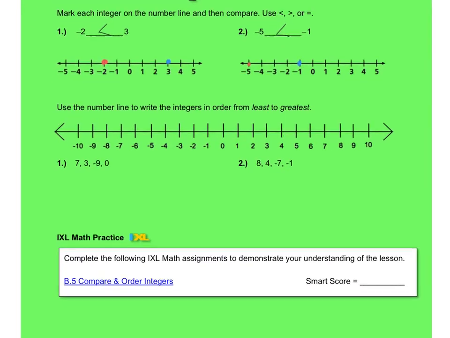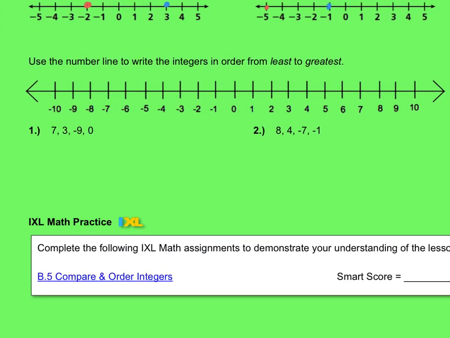Last but not least, ordering. Well, negative 9 is the smallest of those 4 because it's the furthest left. So that's coming first. I like to cross it out now because it's finished. I have 7, 3, and 0. Well, 7 is there, 3 is there, and 0 is there. 0 is the furthest to the left, so it's smallest.